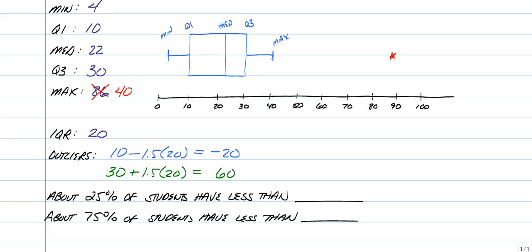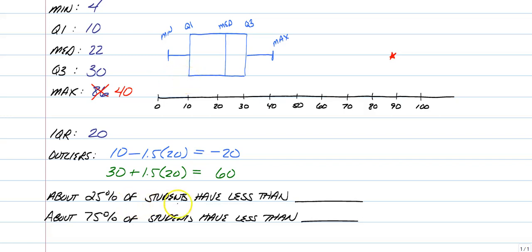So the way you would just read one of these box plots is it's asking you about 25% of students have less than how much. So less than means the lower half, or the lower 25% of the box plot. So the lower 25% is going to occur over here.